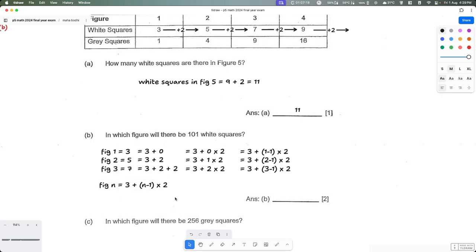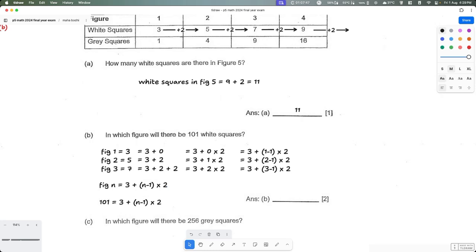So 101 is equal to 3 plus bracket n minus 1 times 2 in this case, right? So from here we minus 3.